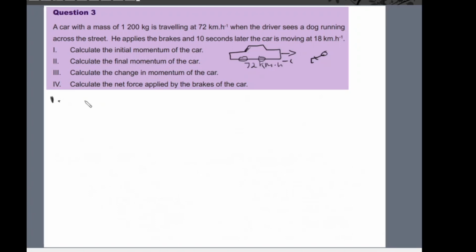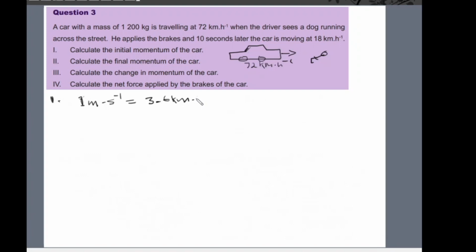So, we must convert. We know that 1 meter per second is equal to 3.6 kilometers per hour, right?